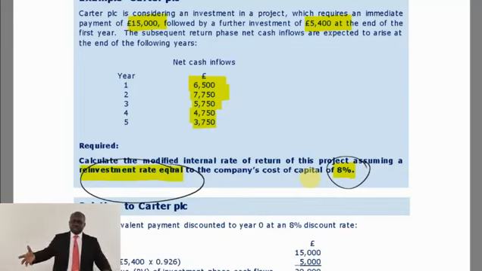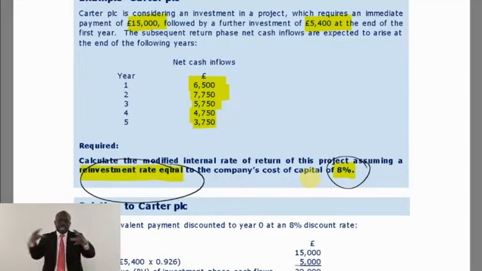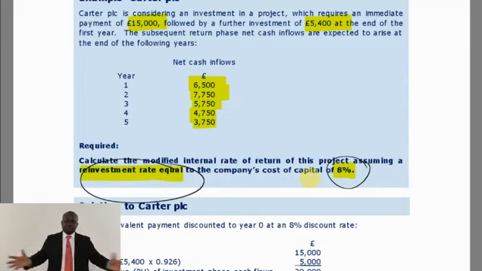Question, where is the cost of capital? If the cost of capital is not given to you, the question is not wrong. No. You have to go back to the question. Maybe the examiner is hiding it or expecting you to calculate the cost of capital yourself. You go and calculate it and you bring yourself to that level. You've got your cost of capital, you've got your cash flows, then the modified internal rate of return should follow.